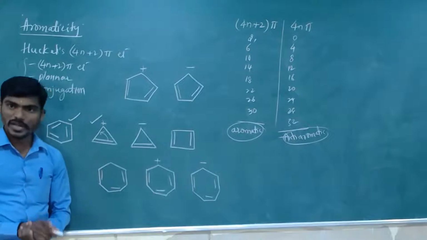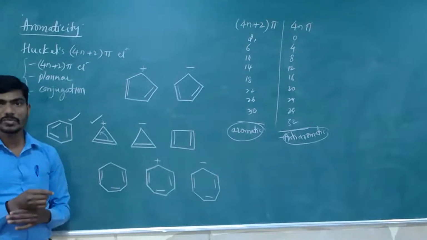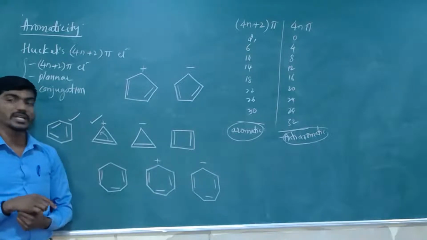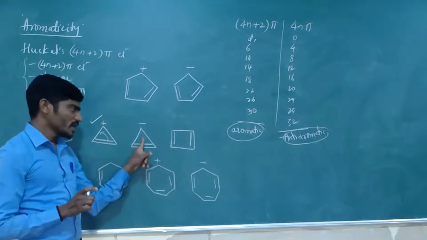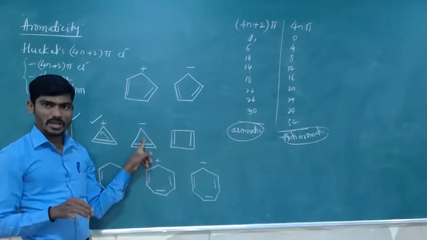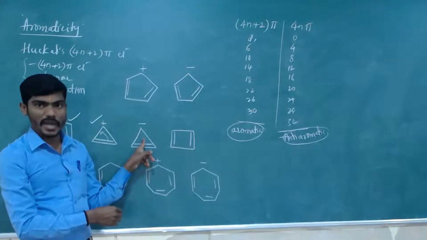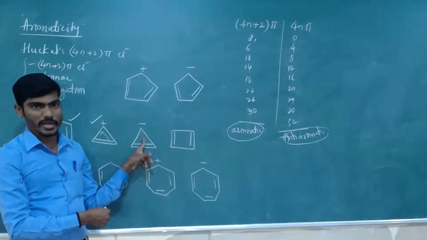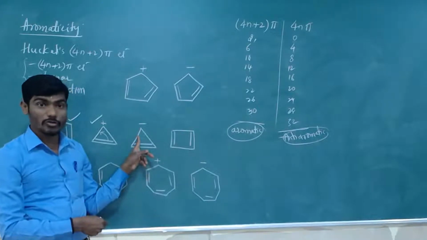Next, yes, planar and conjugation. There is an alternating single and double bond conjugation system. Conjugated, delocalized pi electrons are there. Next, aromatic or non-aromatic? Anti-aromatic. And why? How many pi electrons are there? 2 or 4.